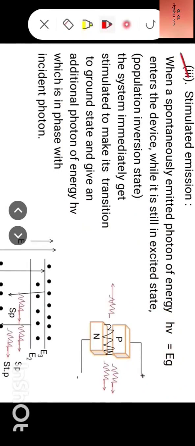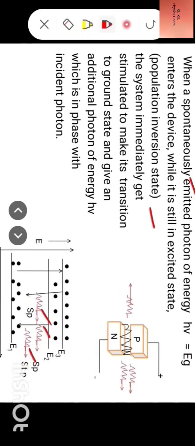The third step, stimulated emission. How does stimulated emission take place? Let us see. When a spontaneously emitted photon of energy h nu equal to Eg enters the device while it is still in the excited state, that is the population inversion state, the system immediately gets stimulated to make its transition to ground state and give an additional photon of energy h nu, which is in phase with the incident photon.